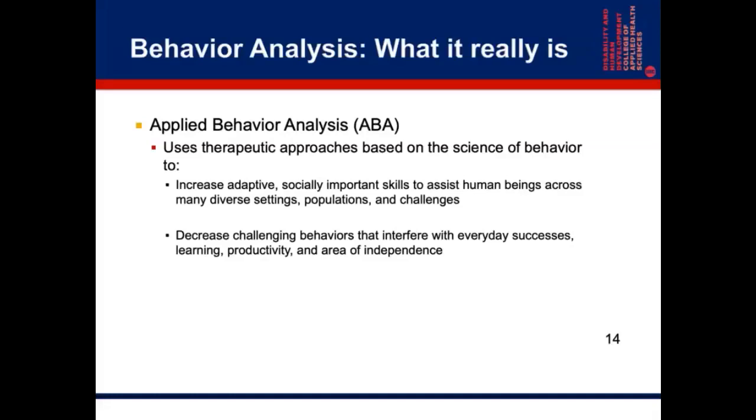And in addition to the growth and increasing of these positive trajectories for people's lives, there's also oftentimes a concurrent decreasing of the maladaptive or challenging things that interfere with everyday successes. So, for example, if you're a problem gambler, it's not just about reducing gambling, it's also about facilitating a more meaningful way to spend your time and a more financially responsible way to do it.